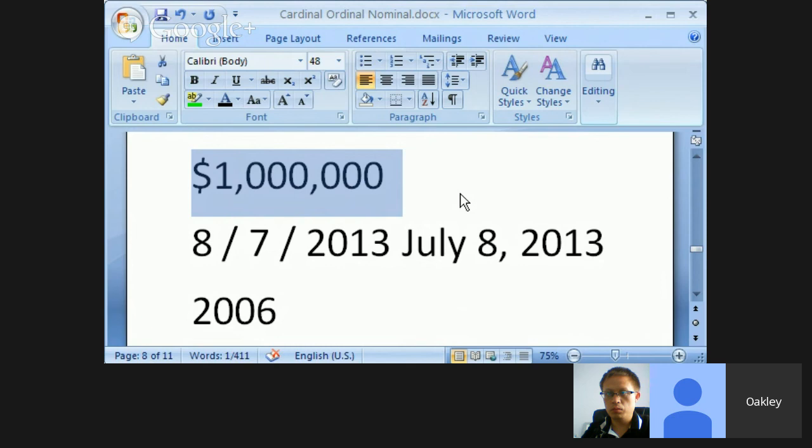So numbers are used as an adjective, so they don't get plural. Just like adjectives don't get plurals. You have to remember that numbers in English are adjectives. They don't get plural endings.